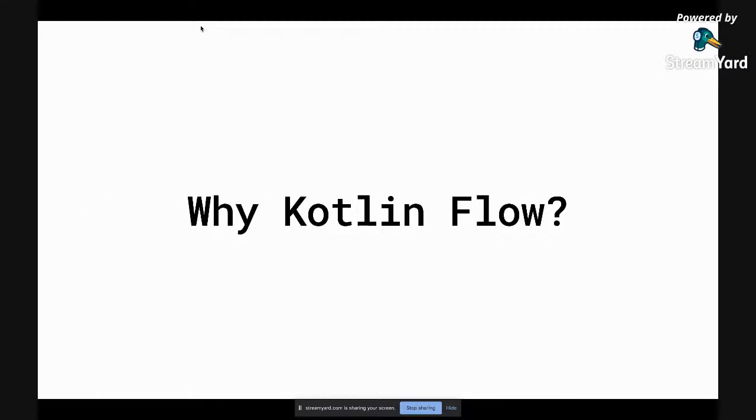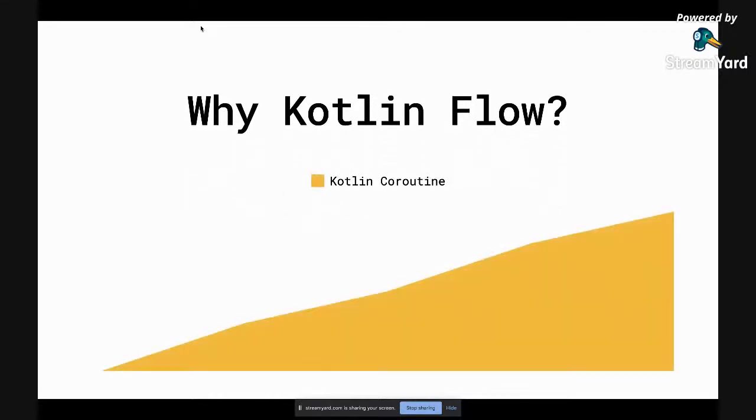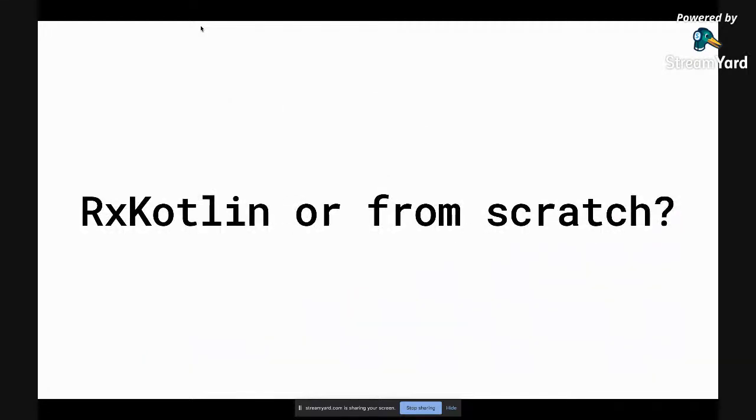So let's come to the important question: why Kotlin Flow? Like I said, with the growing usage of Kotlin and love for coroutines, people expressed a lot of interest in having a pure Kotlin implementation of RX Java to leverage all the amazing features which Kotlin provides. But the Kotlin team came up with a confusion.